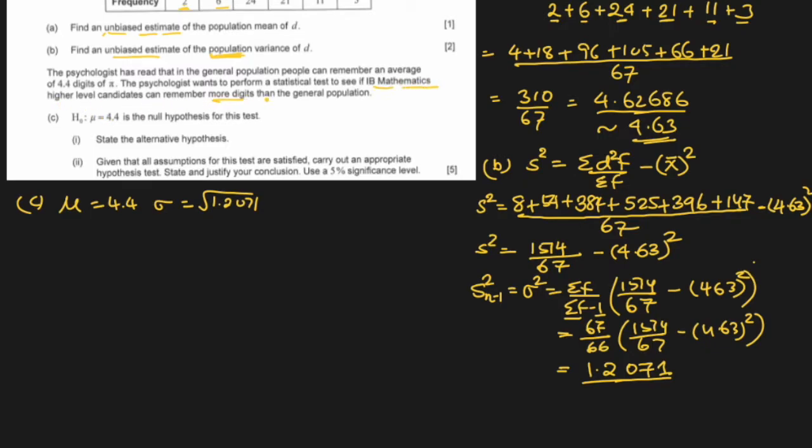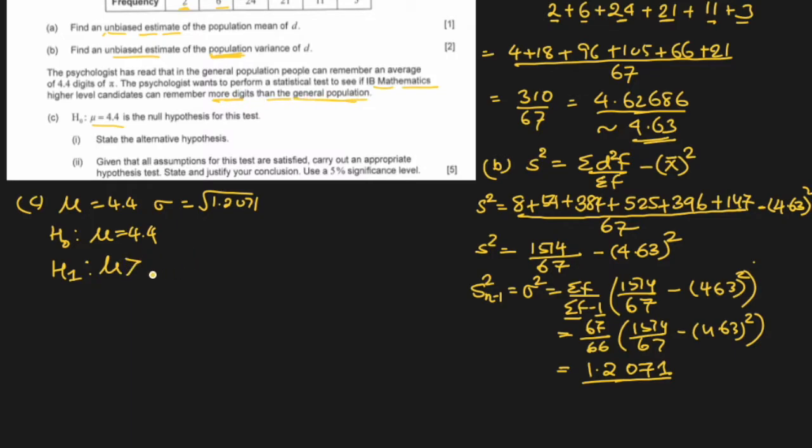More. Okay. The null hypothesis is mu equal to 4.4. State the alternate. Normally we would write that mu is not equal to 4.4, but the purpose here is to test whether it is more digits than the general population.